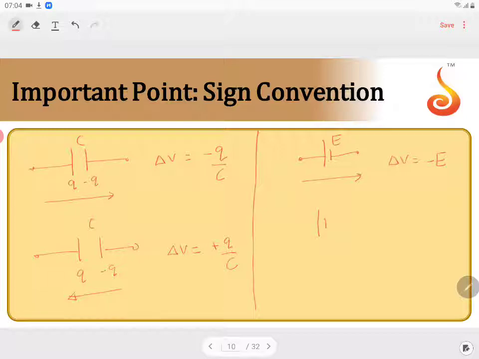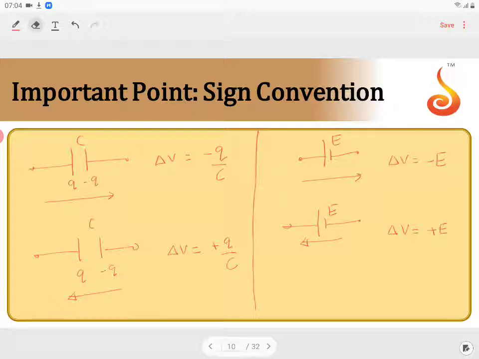If you are traveling from negative terminal to positive terminal, then the potential difference across the cell is plus E. Why? Because there is a rise in the potential. These are the sign conventions that you have to follow while applying KVL.